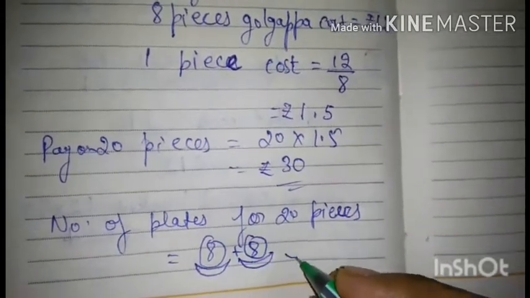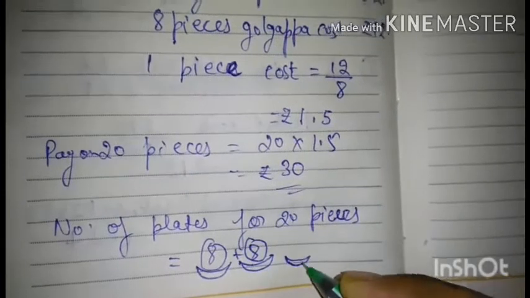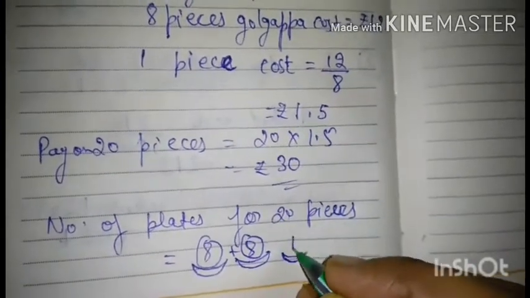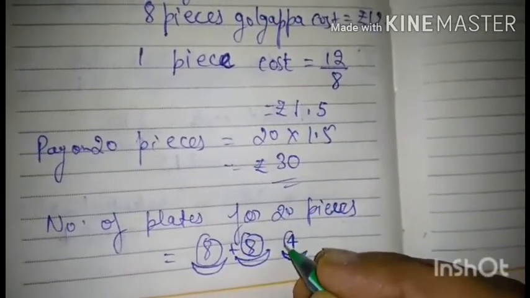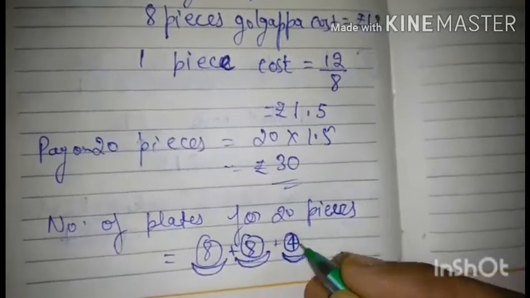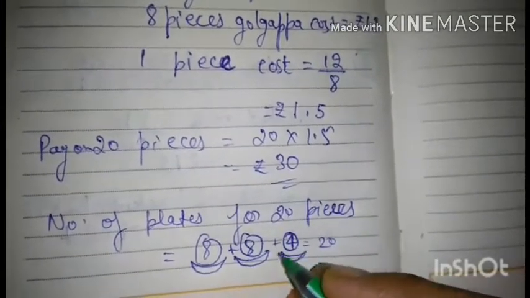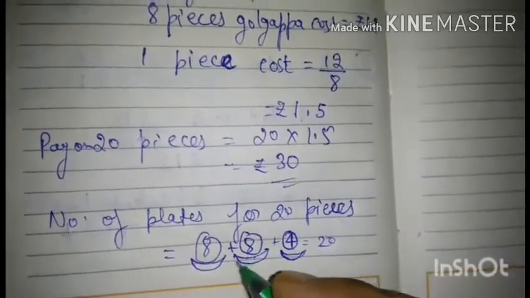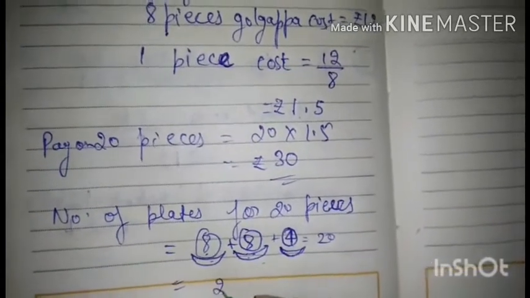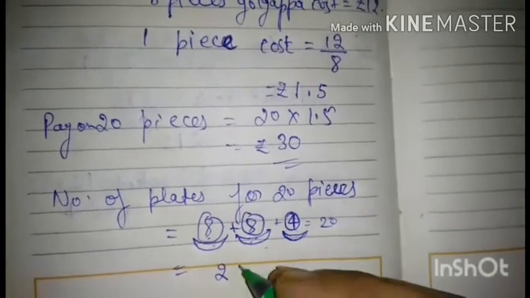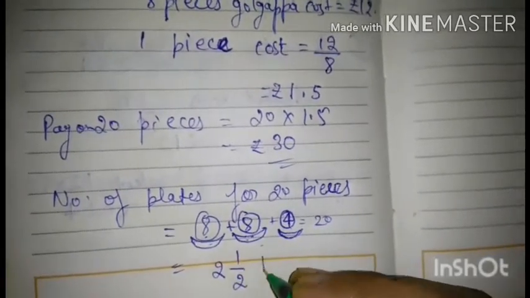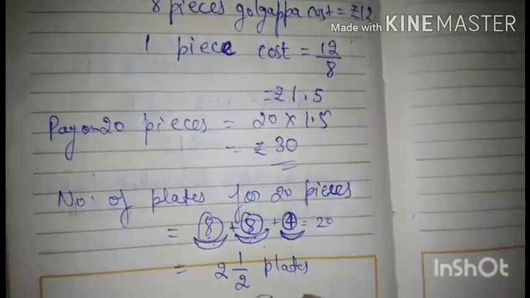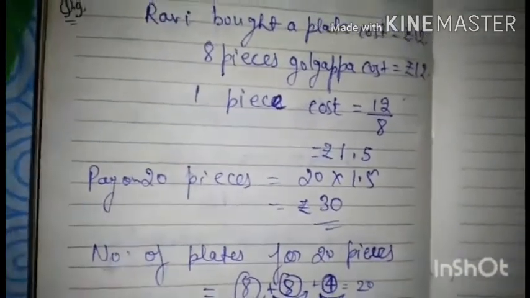Then on the third plate, 4 pieces make it 20. So 4 is half of 8. So this is half a plate of Golgappa. This is 2 full plates and 1 half plate, so 2 and 1 by 2 plates. Okay, easy, right? Now move to the next.